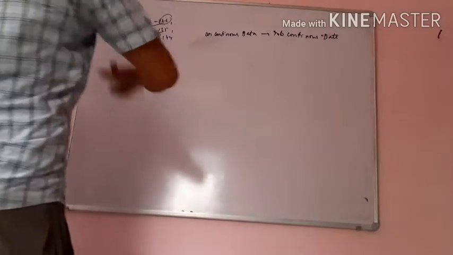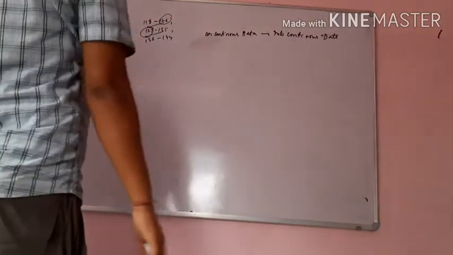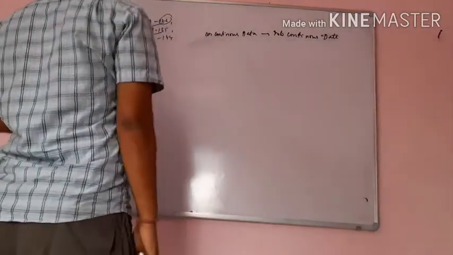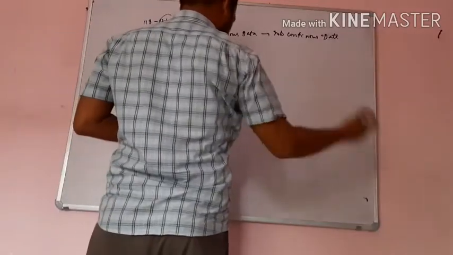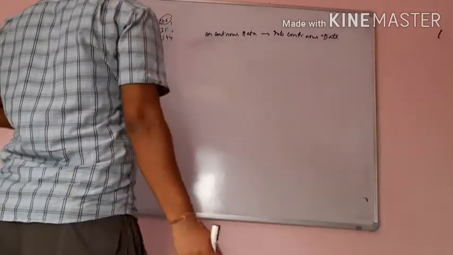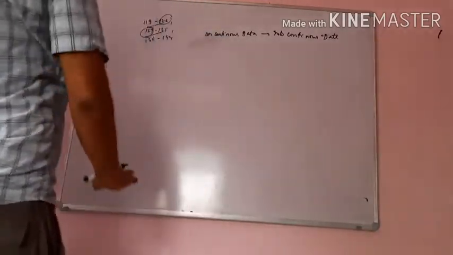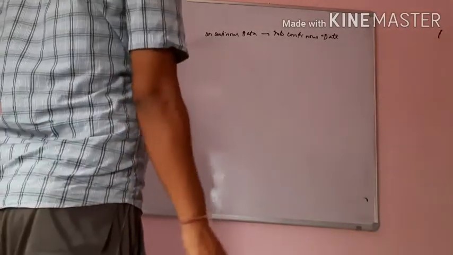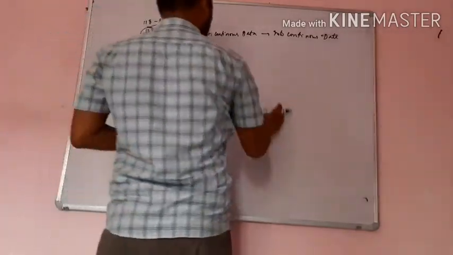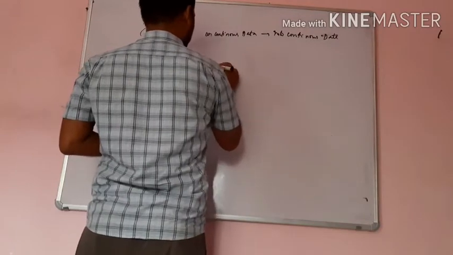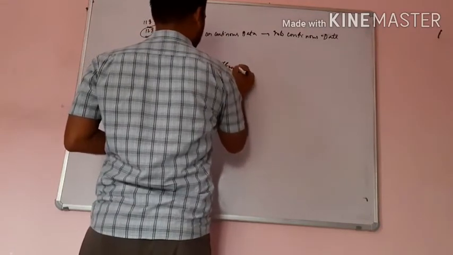You just find the difference between the maximum of a group and the minimum of the next group. First you have to find the difference. How will you find the difference?